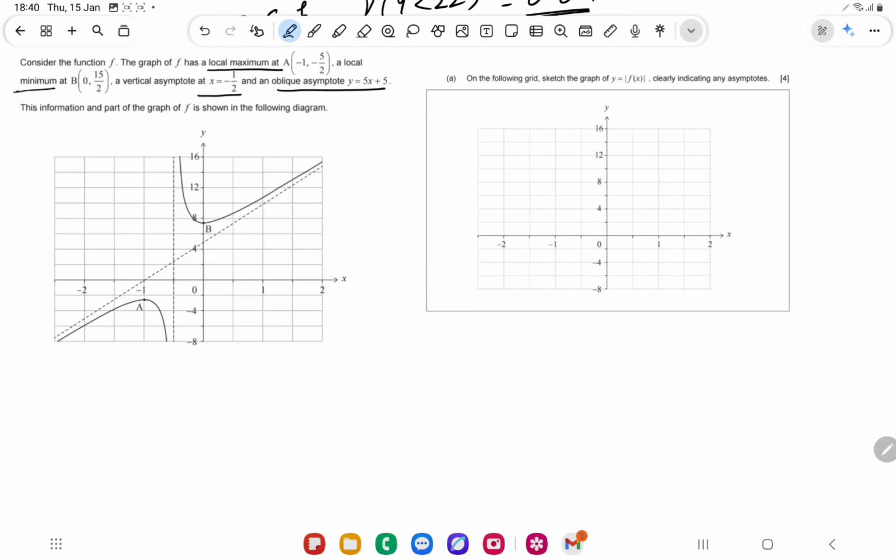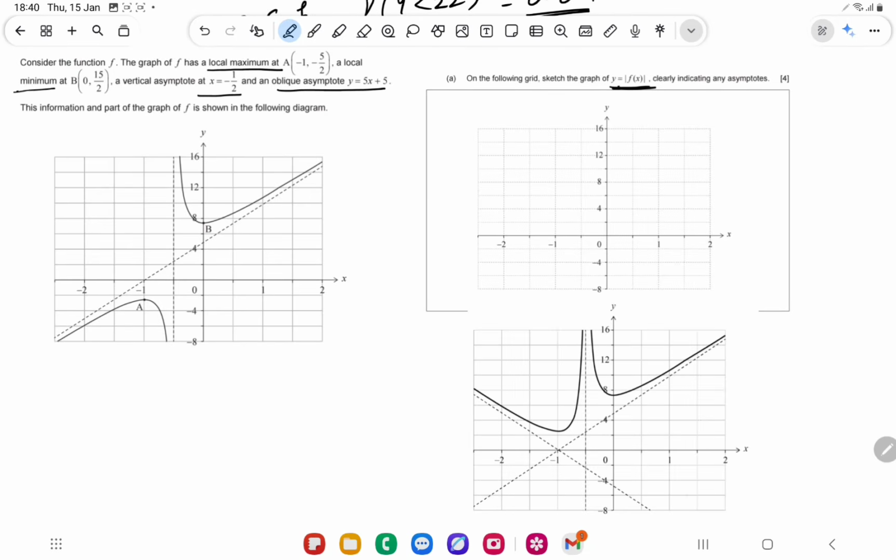Now in part A, on the following grid, we have to sketch the graph of y equals modulus f(x), indicating any asymptote. I have pasted the solution of this modulus f(x) curve, where you can see that the vertical asymptote at minus half is the same, and the oblique asymptote is again the same, but the difference will be with the local minima.